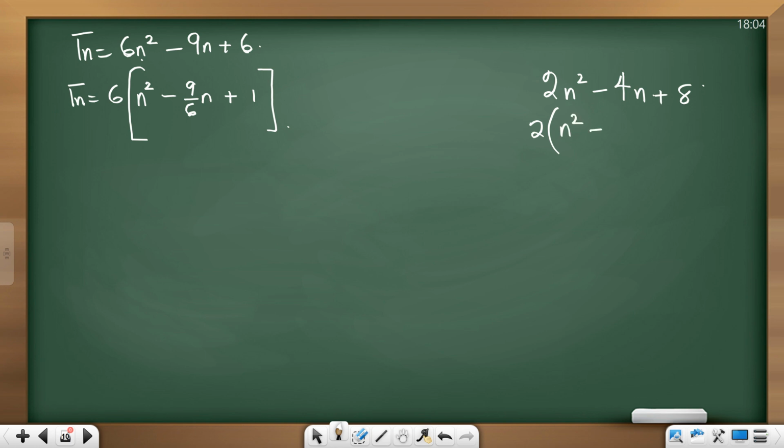Where are these numbers coming from? It's the same thing as saying 2n. Eight divided by 2 would give me 4. Because this one is not a factor, that's why.